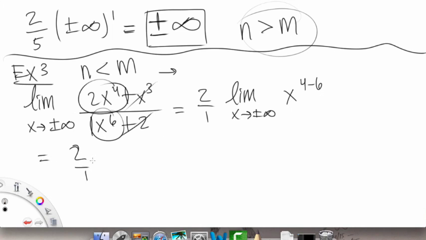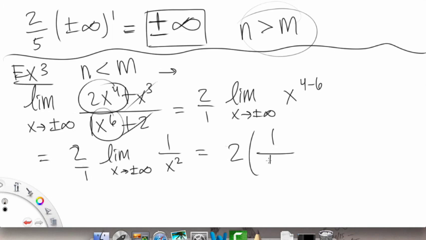So this is 2 over 1 times the limit as x goes to plus or minus infinity of x to the negative 2, which is 1 over x squared. Let's analyze that. We have a 2 times, and if we plug in plus or minus infinity, we get it squared here. So this is like 1 over infinity, which turns into a big 0.